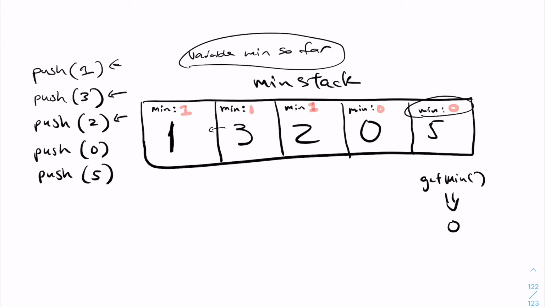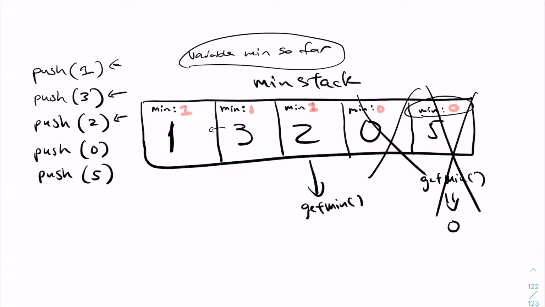Hopefully that makes sense. So let's say that is popped off the stack. This one's popped off the stack, and then I want to get min here. I can just return 1 in that case, because this is the minimum we've seen so far, because these guys over here are not changing, right?